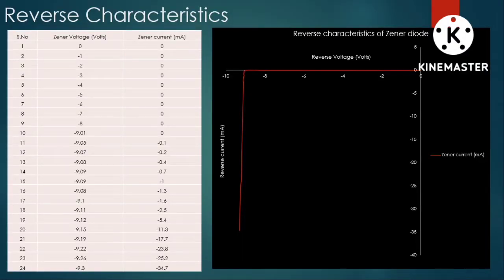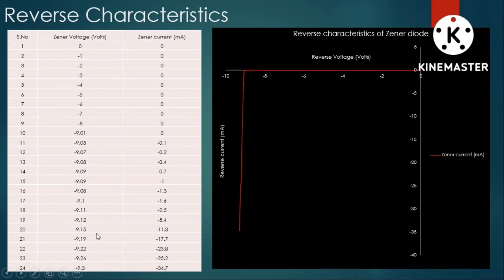Now if we record the Zener voltage versus Zener current, we can get the reverse characteristics as seen in this diagram. These are the reverse voltage and the reverse current, and hence it has been plotted in the third quadrant, where the reverse voltage has been taken as negative and the reverse current has been taken as negative also.